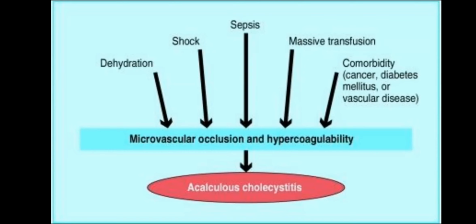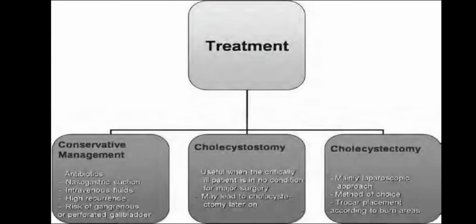For investigations, isotope study, and as I told earlier, USG abdomen can also help. The treatment suggested is cholecystectomy, and the choice is laparoscopic or open, which depends on the condition. So that is about acute acalculous cholecystitis. Treatment is almost the same.